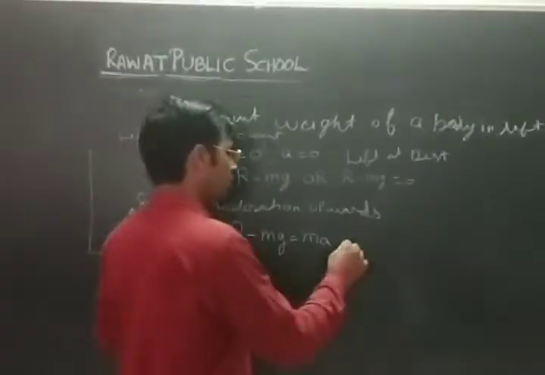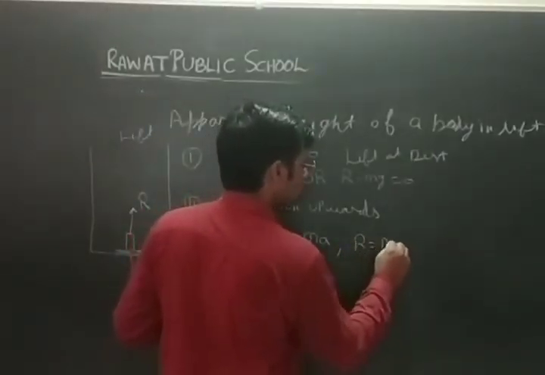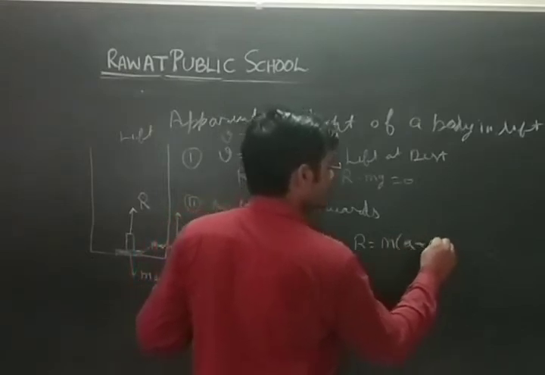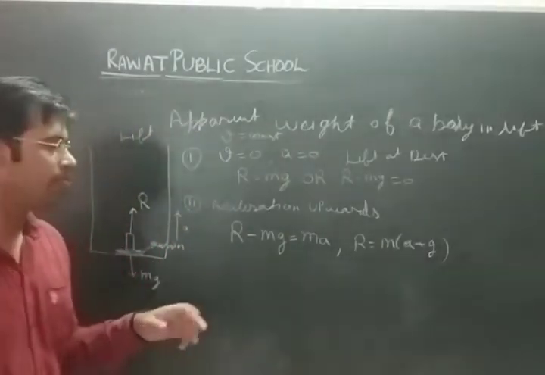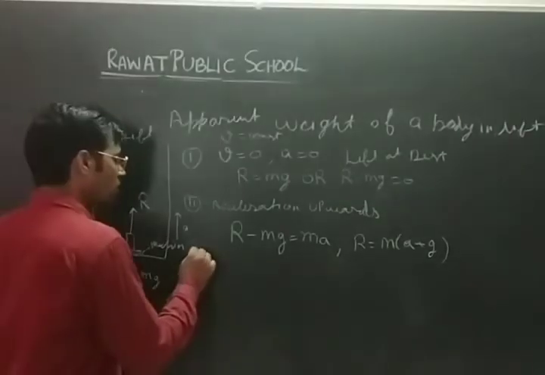On simplifying, R is equal to m common, into (a plus g). That means the apparent weight of the object will be more as compared to the original weight of the person.